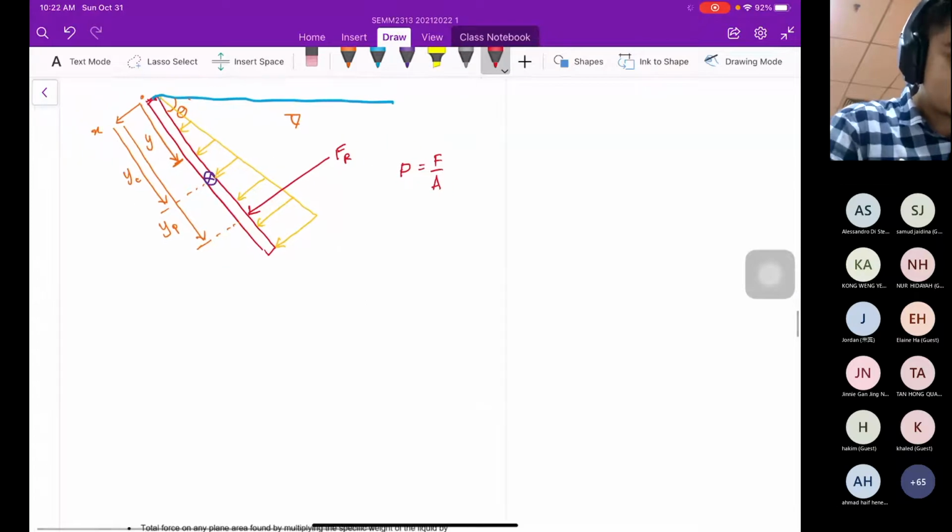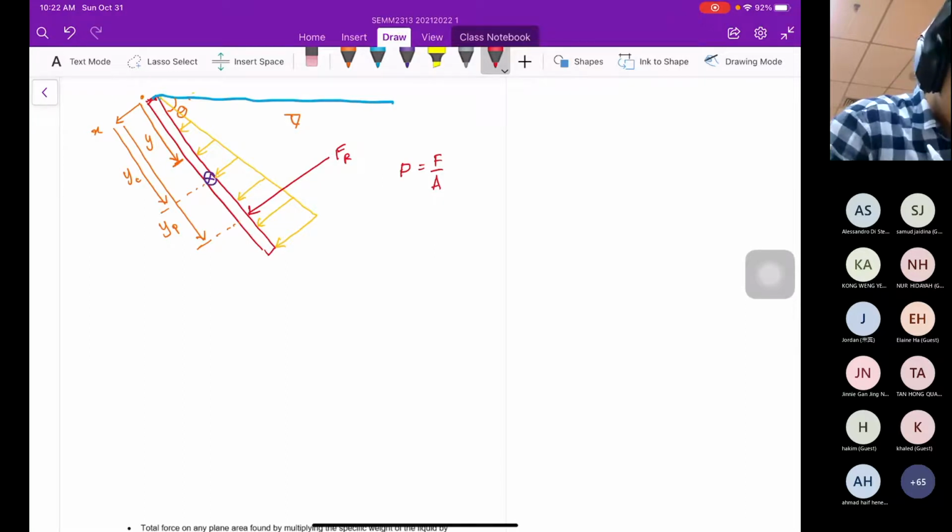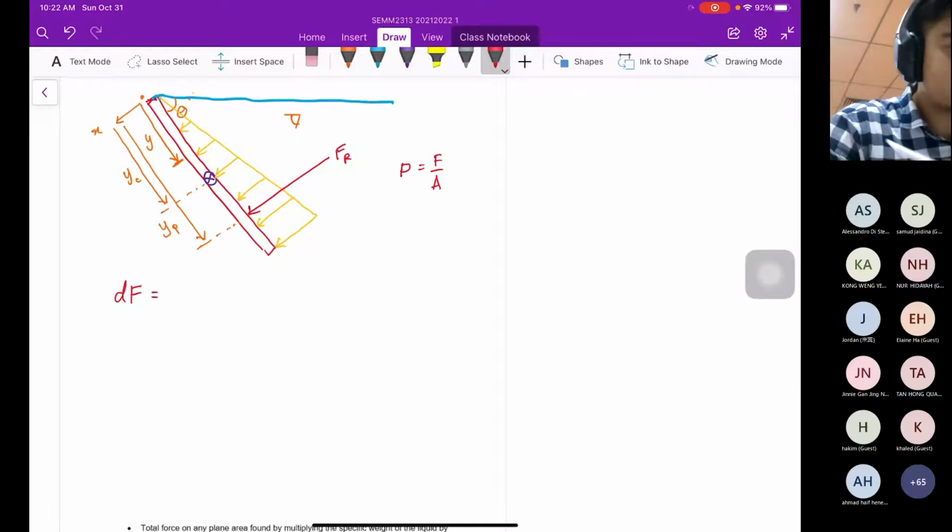Since this is considered as the small element, the differentiation of force, that means the small force acting at the small area. This is the basic. We want to know the integration of the whole force acting at the area. So this is force equal to P multiplied with A. The change here is basically the area.